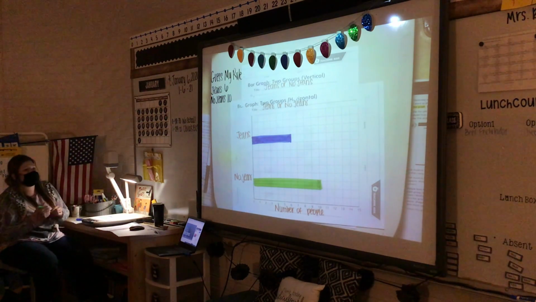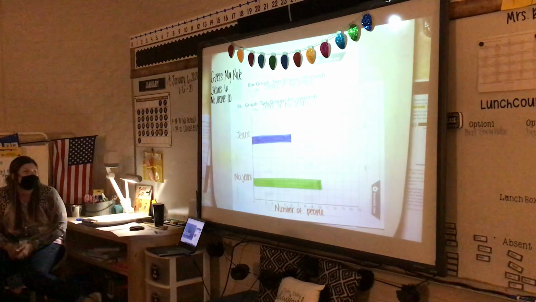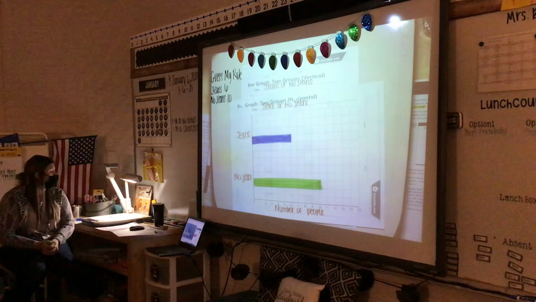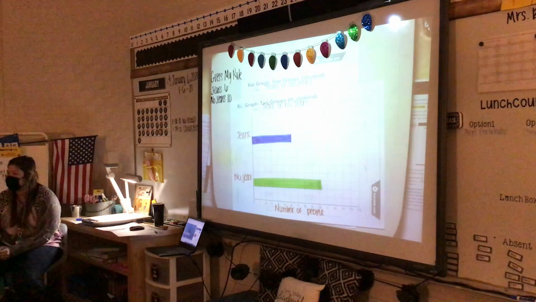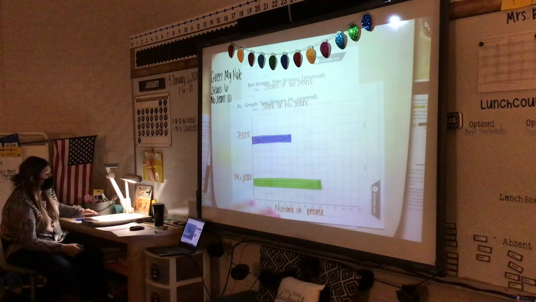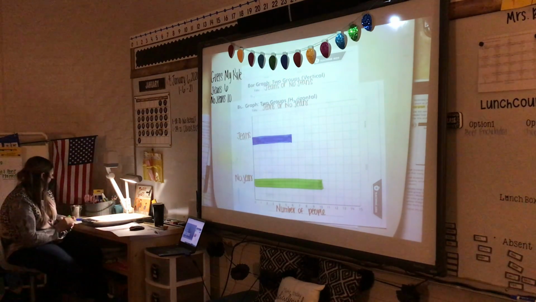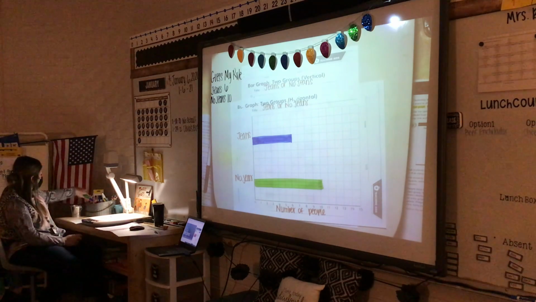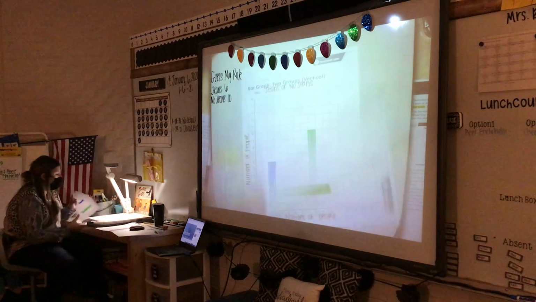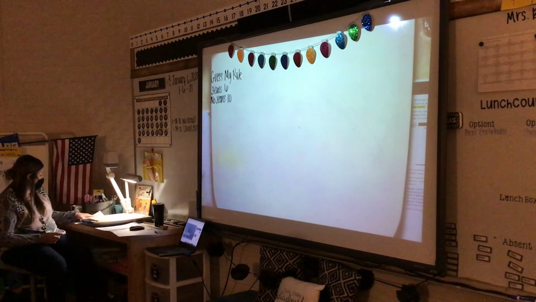So that is another way you can show data. Your charts or your data graphs always have a title and categories. You always have one category on at least one side, one on at least each side. Some of them have more than one category, like that. Okay. That is a bar graph.